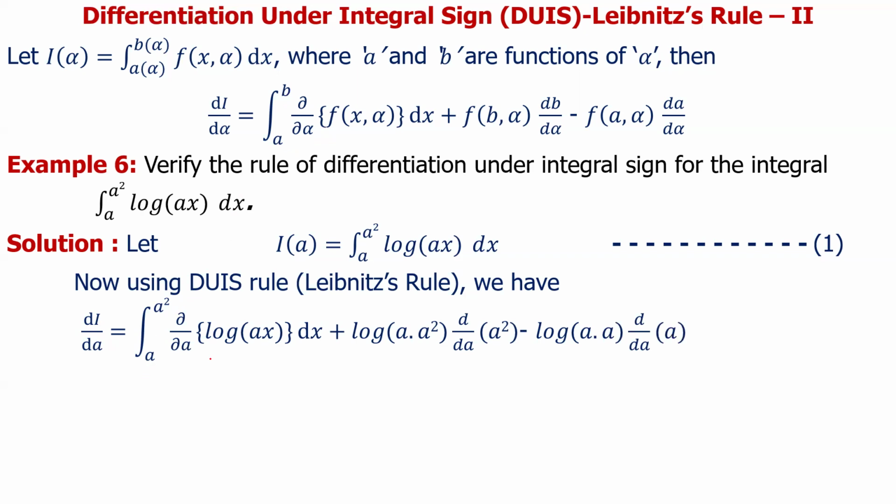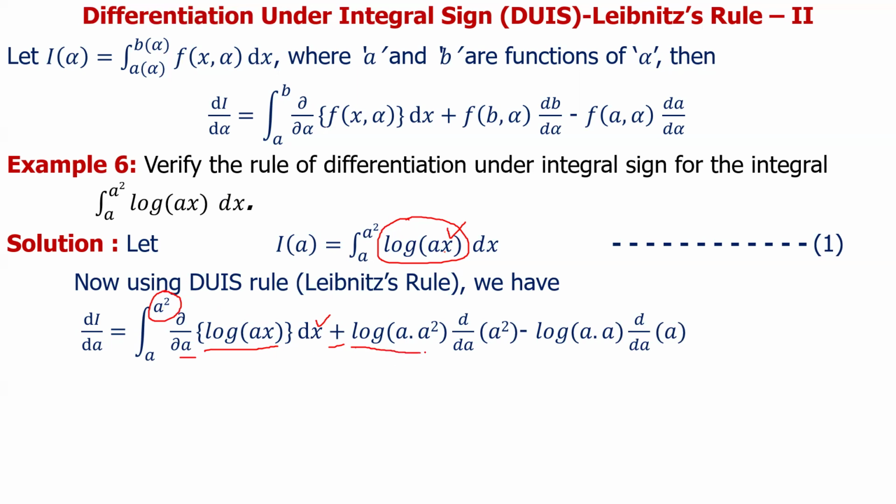Then the derivative of log of ax with respect to a, and the whole integration with respect to x, plus f of x, alpha, which is log of x, so replace x by the upper limit. What is the value of x here? x is the upper limit a square.